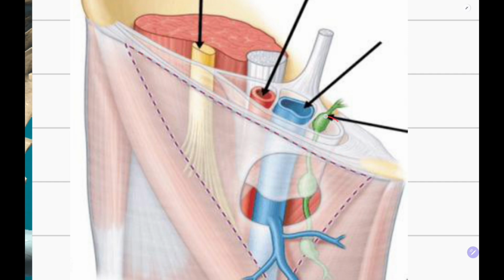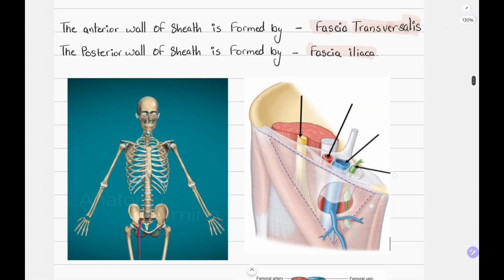Medially, the femoral ring is bounded by the lacunar ligament. This is the lacunar ligament which forms the medial boundary of the femoral ring. Posteriorly, it is formed by the pectineus muscle and its covering fascia, and laterally by the septum separating it from the femoral vein.